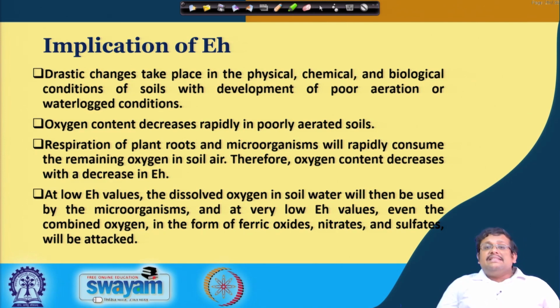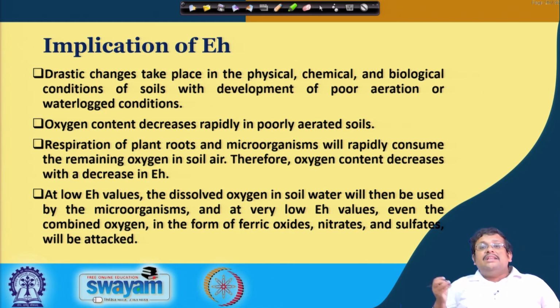Now, oxygen content decreases rapidly in poorly aerated soil. The respiration of plant roots and microorganisms will rapidly consume the remaining oxygen in the soil. When an oxic soil becomes anoxic or waterlogged, the oxygen trapped inside the pores is very rapidly utilized by the aerobic microorganisms or plant roots.